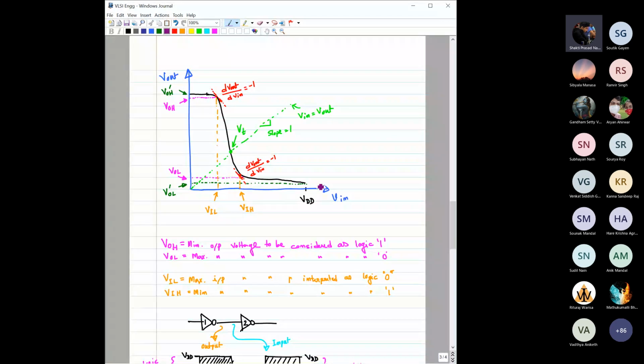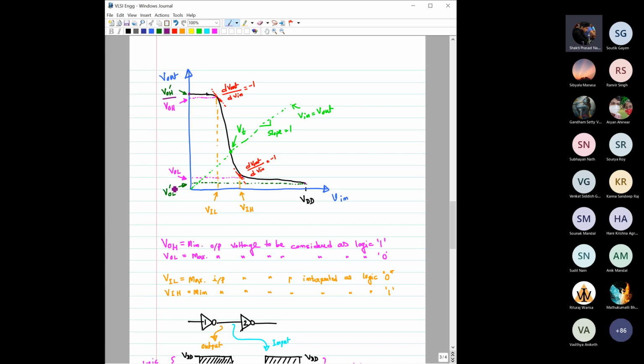Okay. Now important points. This point, as you can see here, is for this particular case equal to VDD. We have termed this point VOH dash. Remember, VOH dash, right? And the lowest output voltage, we have termed that value VOL dash.